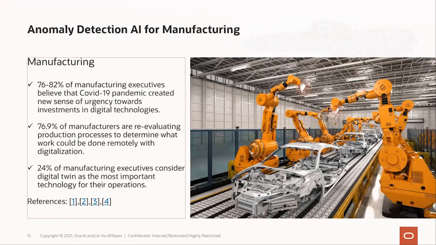One is manufacturing. In manufacturing, we see a lot of traction, mainly because, as you know, during COVID we all moved into a remote workplace and remote workforce situation, where some of Oracle's customers have been monitoring their production facility remotely, collecting data, identifying productivity issues and addressing them.